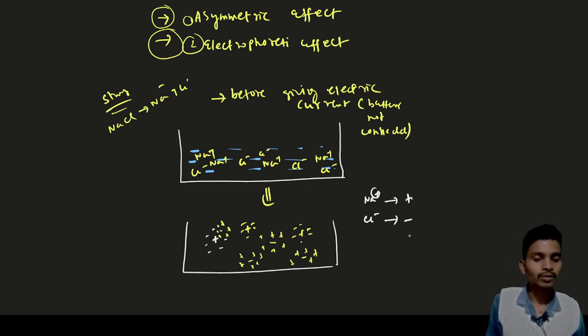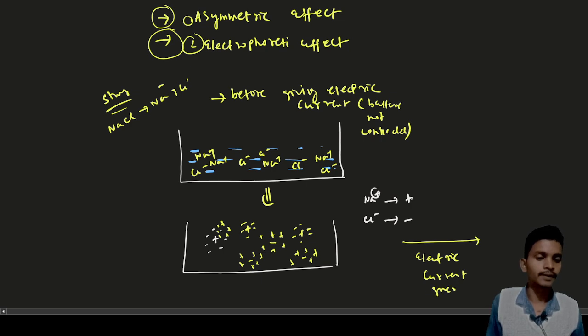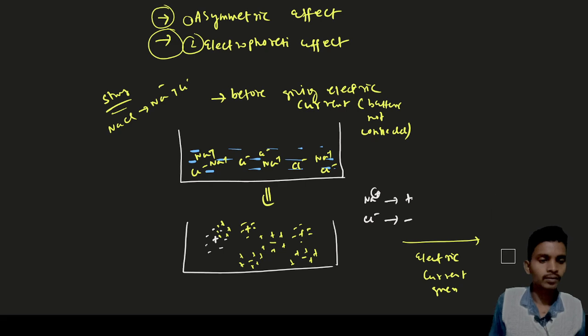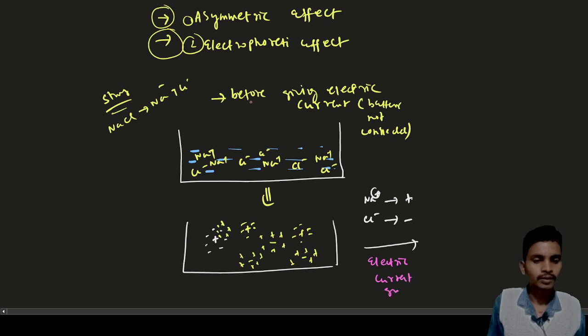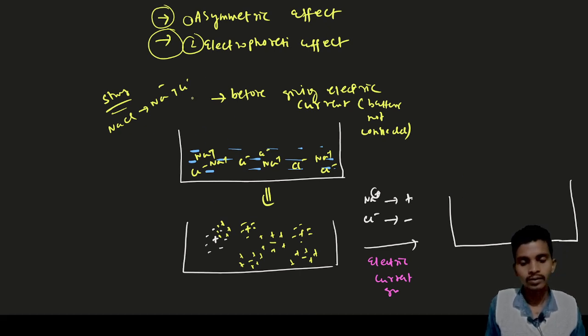Then whenever I connect the battery, electric current is given. Here the rods are there, but now the battery is connected.